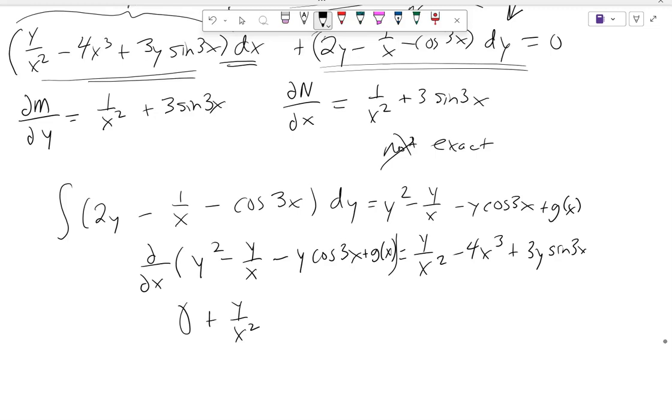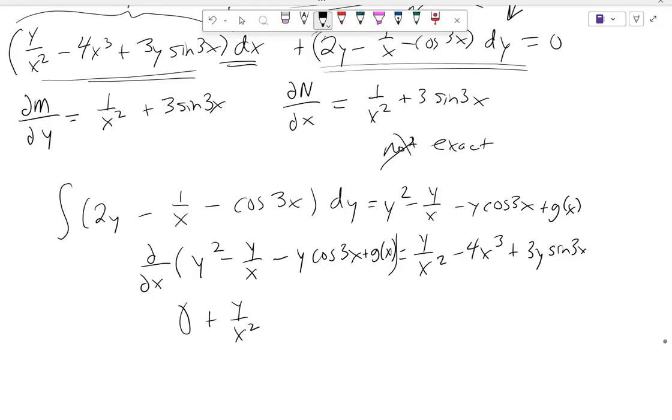This better cancel. This also better cancel, right? I better see this and I better see this in my derivative. Because those have to go away. Anything that's left has to be a function of x all by itself in this case, right? I cannot have a mix of variables at this stage.